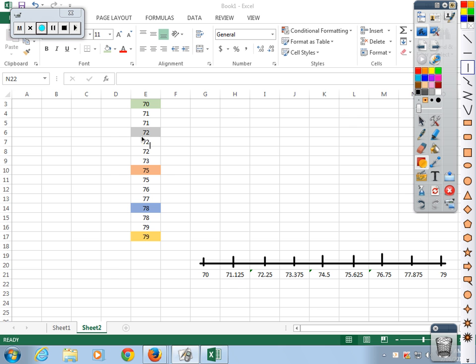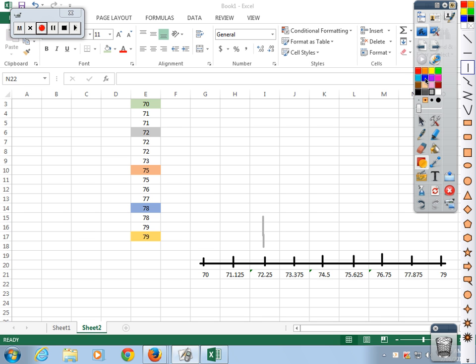So the gray line, or the gray number, is 72. So you take your vertical marker and turn it gray and put it on 72. And you put it on the line, or you can put it above the line. Some people don't do that. Some people put it up here. 72. Make it a little bit bigger. And then the blue line is 78.